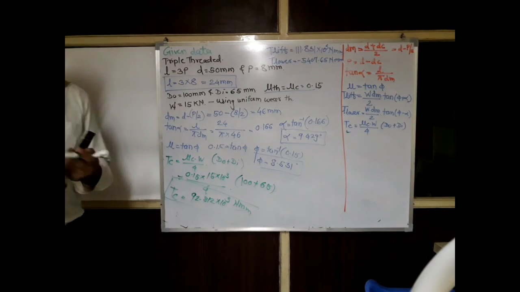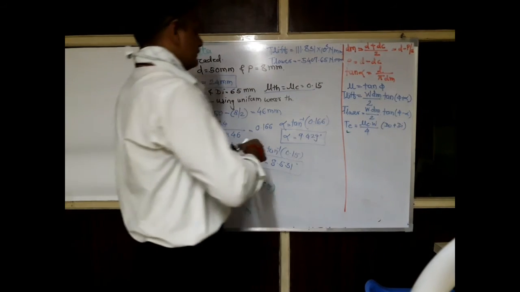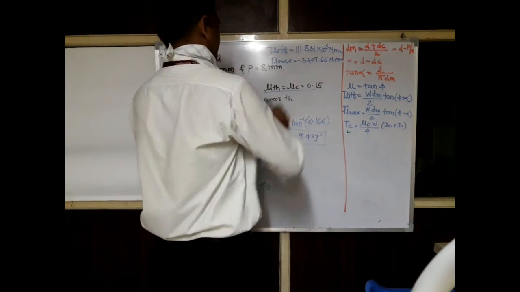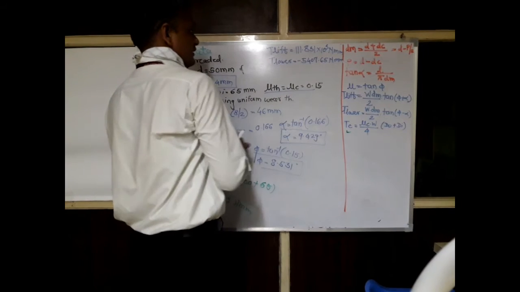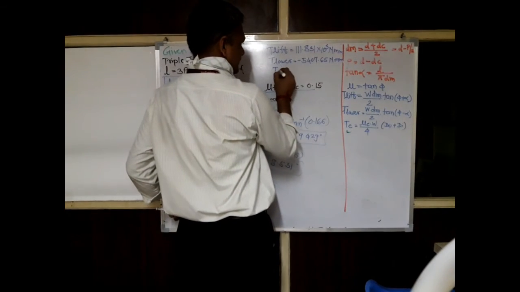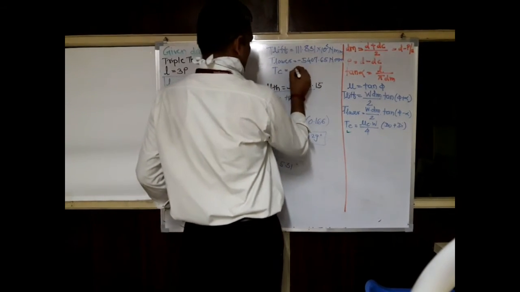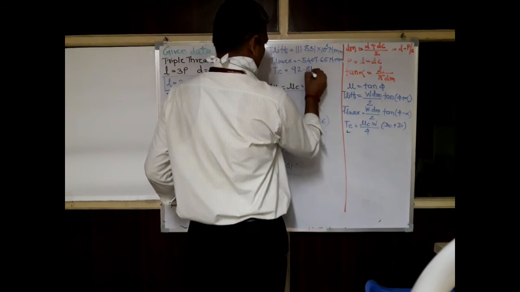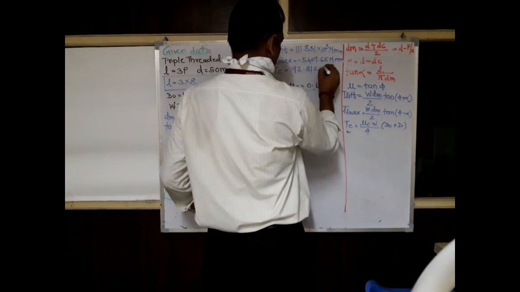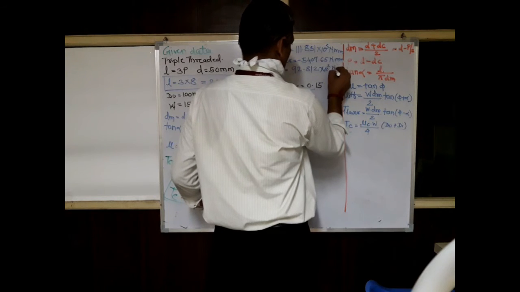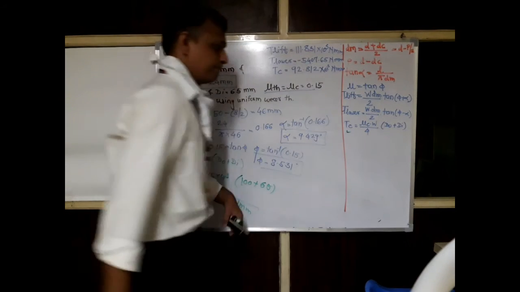I will note this down at this location. TC, that is collar friction, is equal to 92.812 into 10 raised to 3 Newton mm.